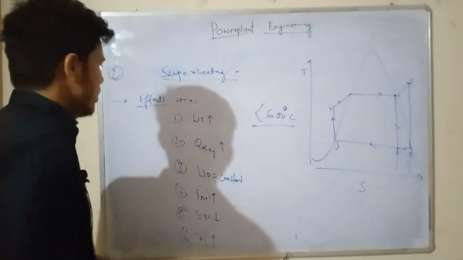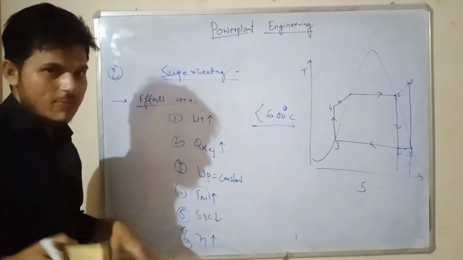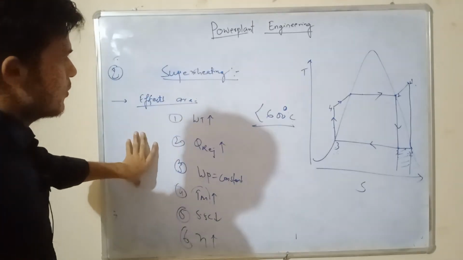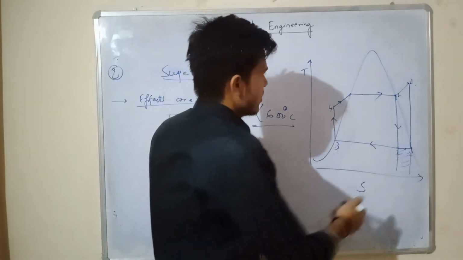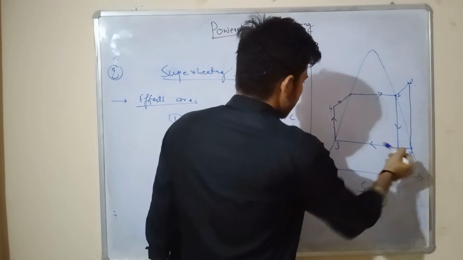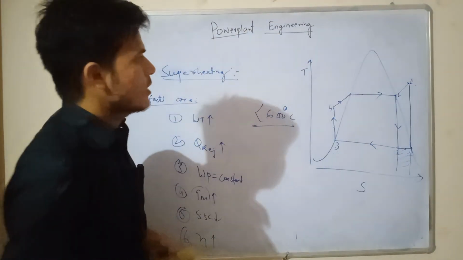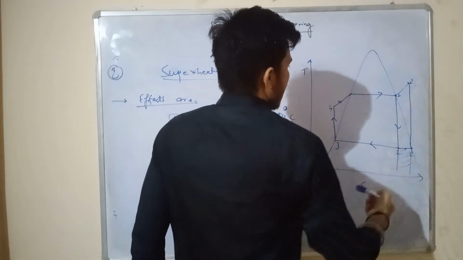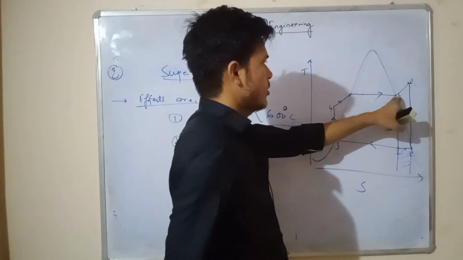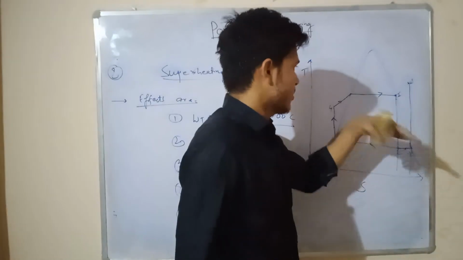So get it, what are the effects? Again I am going to repeat it. Before, without superheating, the simple Rankine cycle is 1 2 3 and 4. After superheating, the temperature increases, right? We are making the saturated vapor into concentrated steam, concentrated vapor.